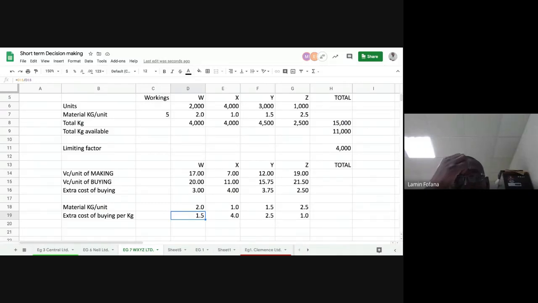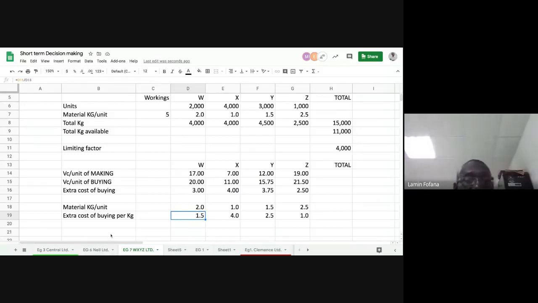So it is prudent in this scenario to make in-house the most expensive products and then outsource the ones that are cheaper. That will give you a better optimal production planning. Is that clear?